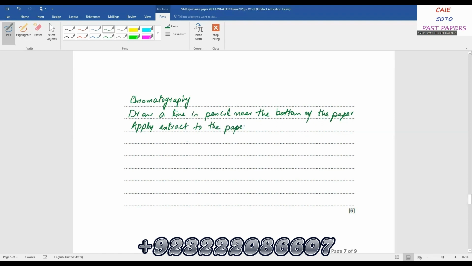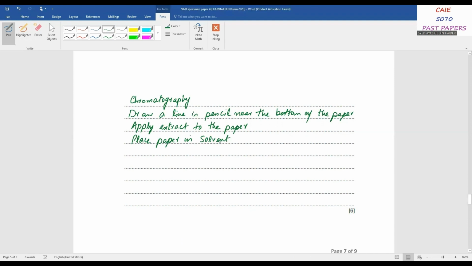I will talk about how you will obtain the extract in this experiment. Place the paper in solvent. Then allow the solvent to travel up the paper.